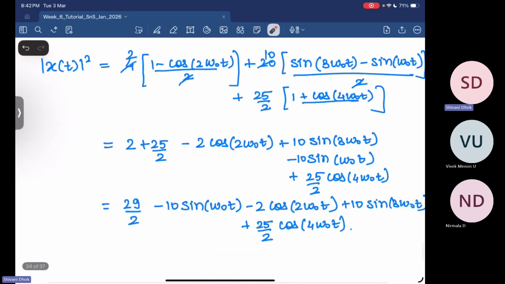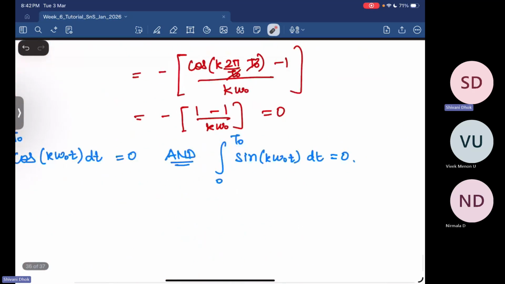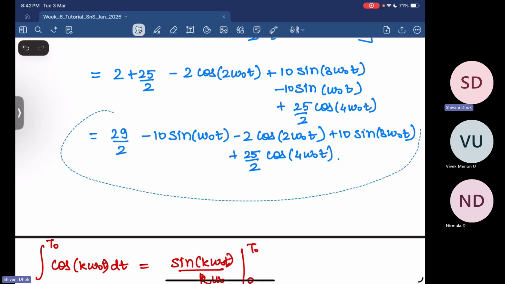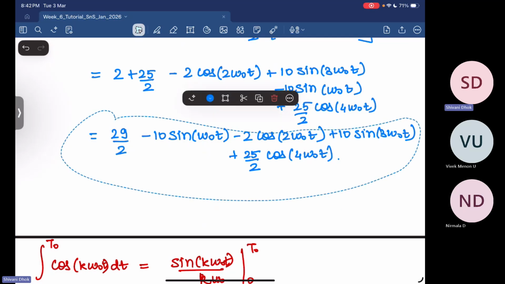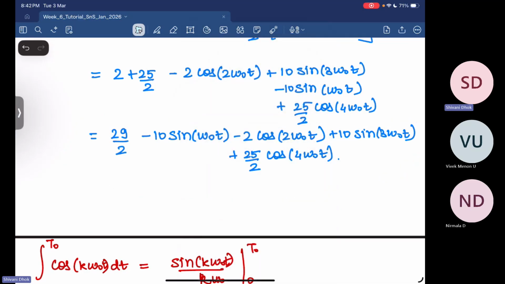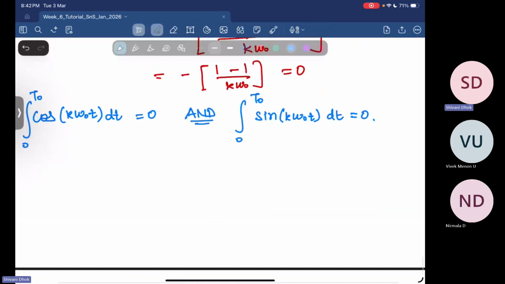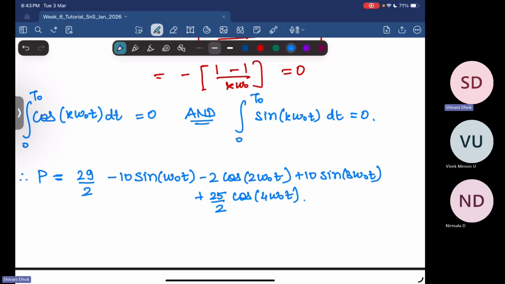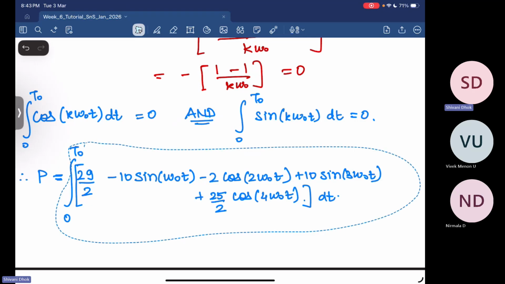So now we'll make use of this in obtaining the power of the signal. I'll just copy paste this quantity there. Okay, so therefore power is equal to, I have this quantity here, then we have integral from 0 to t naught of this thing dt, and this gets multiplied by 1 over t naught.